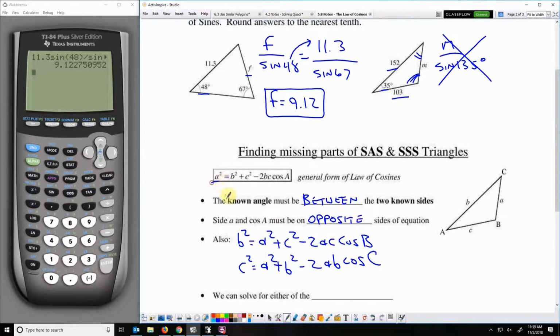So it starts with side A and ends with angle A, or starts and ends with side B and angle B, or starts and ends with side C and angle C. And what we can solve for is either of the bookends, or what's on the outside. So we can solve for either the side or the angle that's on the end.